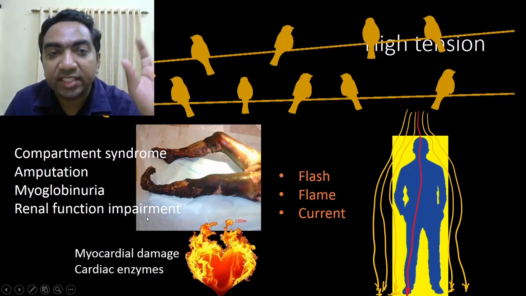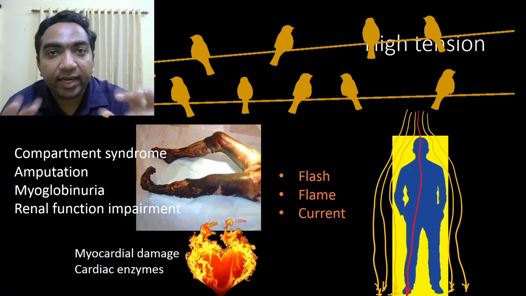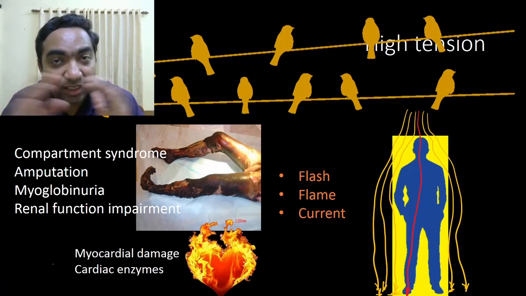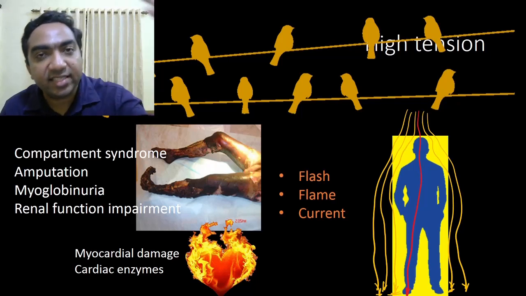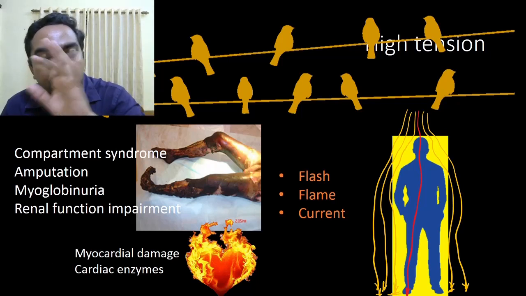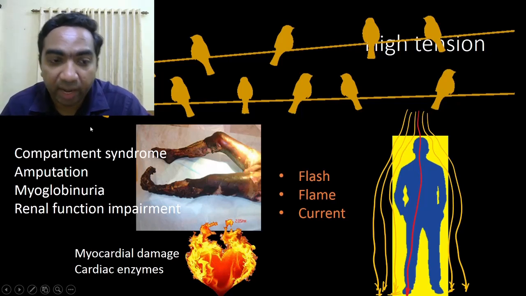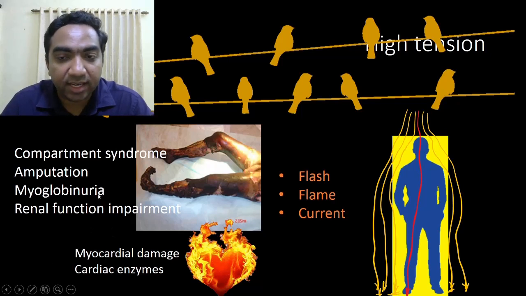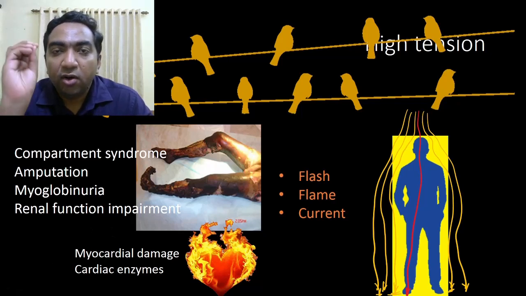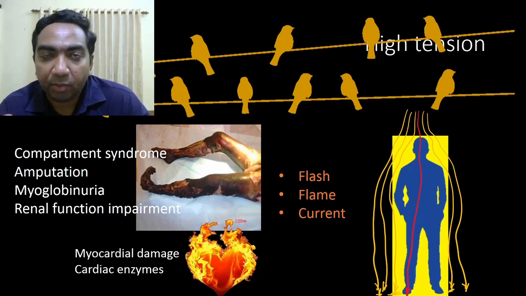The next aspect is the myocardial damage. In the low tension injury, we heard that it is the rhythm which is affected. In this, the cardiac muscle itself will get damaged and the cardiac enzymes will be elevated, like in an acute MI. The CPK-MB and troponin can be elevated. So for this reason, in electrical injuries, rather than the surgery people, first the medicine people have to come into the picture.